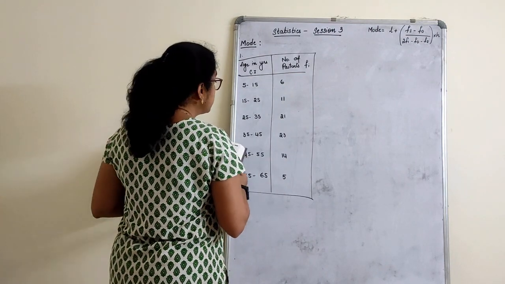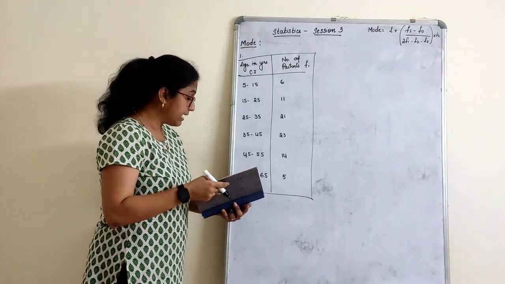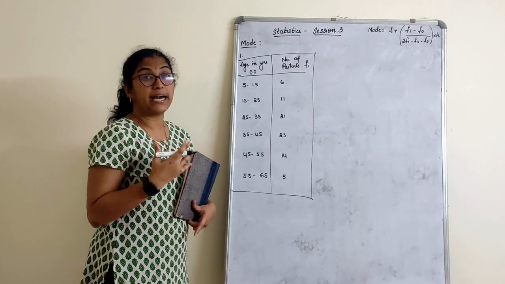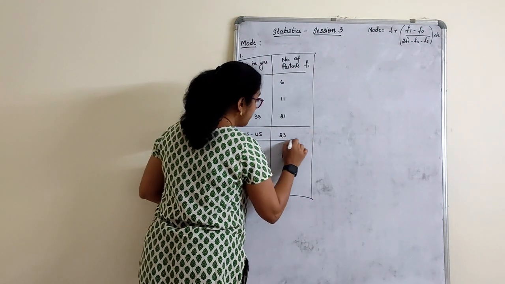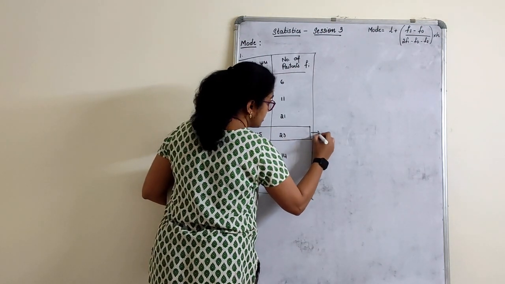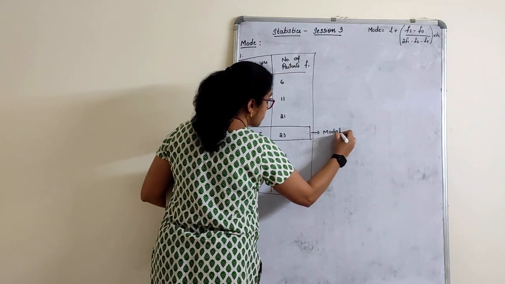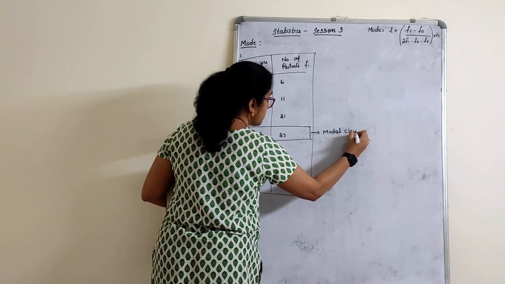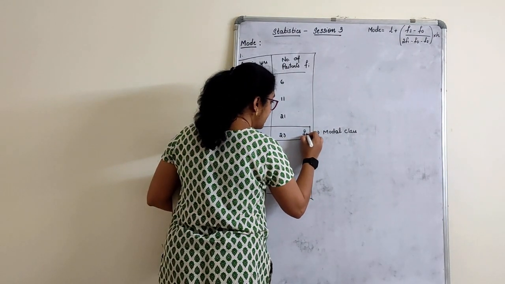Then see, according to the age in years, the number of patients is maximum in which part? It is maximum here. There will never be two maximum frequencies. So this is the modal class. If this is the modal class, this will be your F1.